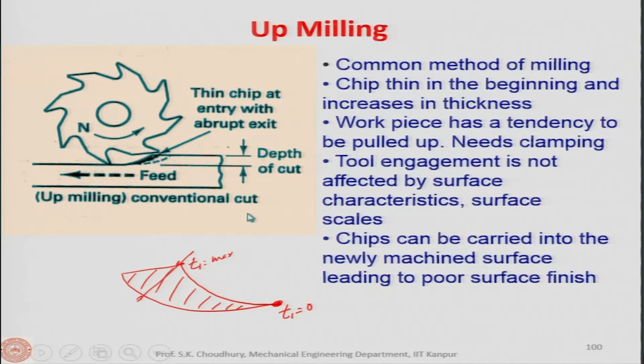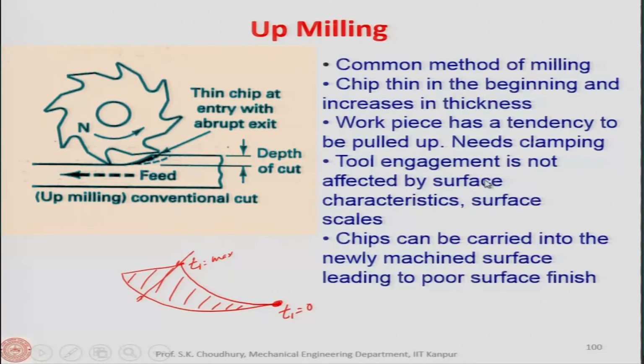And the tool engagement is not affected by surface characteristics or surface scales. Scales means hard particles, for example after a metal forming process. You will see there is a black layer, and that black layer is strain hardened and is a very hard material.